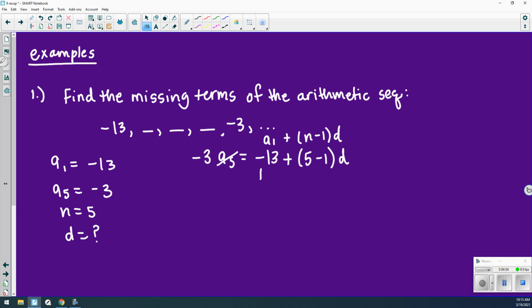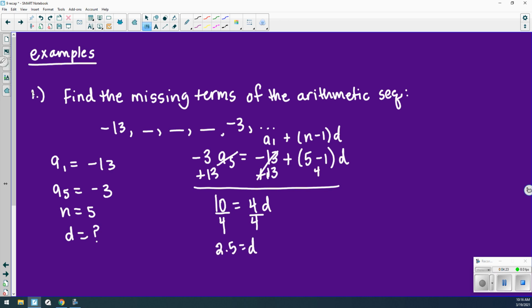Let's do a little algebra. I'm going to begin by adding 13 to both sides, and I have 10 is equal to 4 times d. You know, 5 minus 1 is 4. I divide both sides by 4. 10 divided by 4 is 2.5. So my common difference is 2.5. That means to get from one term to the next in this arithmetic sequence, I add 2.5.